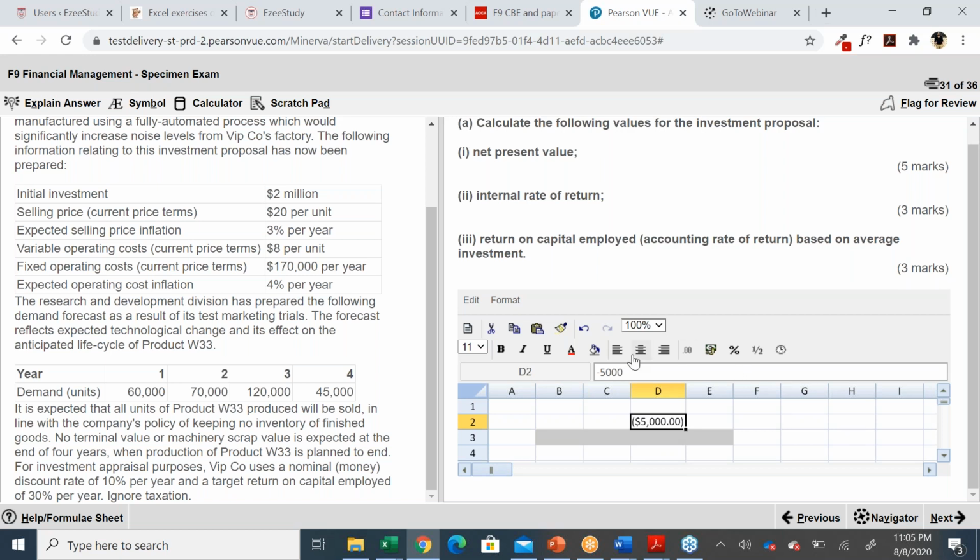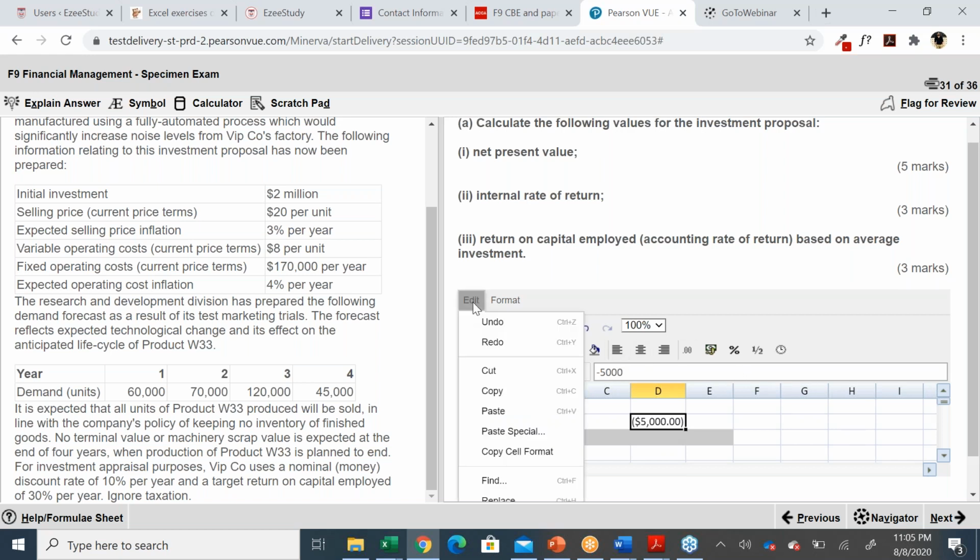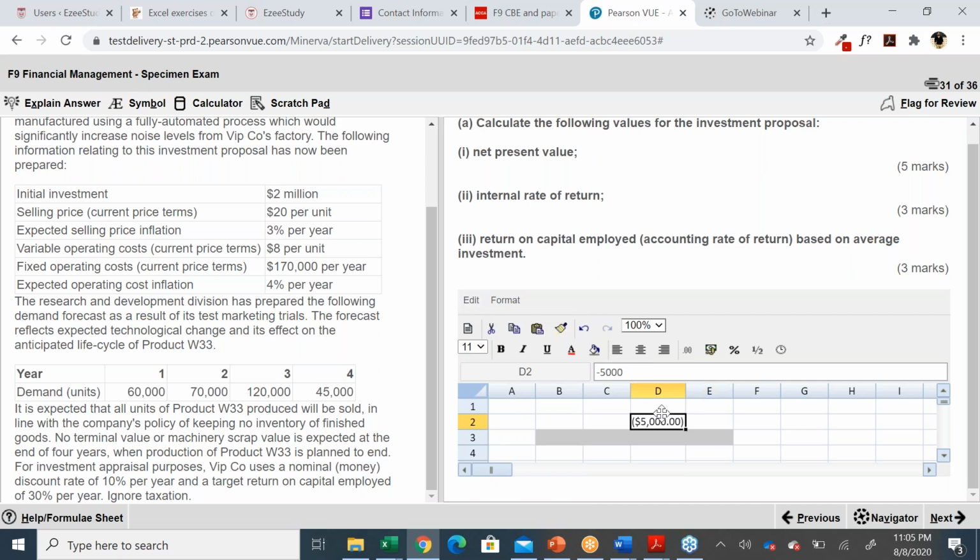It should have been here. That's it. It's a simple format. There used to be a tab for changing the decimal places. I don't know, it's no more shown here.